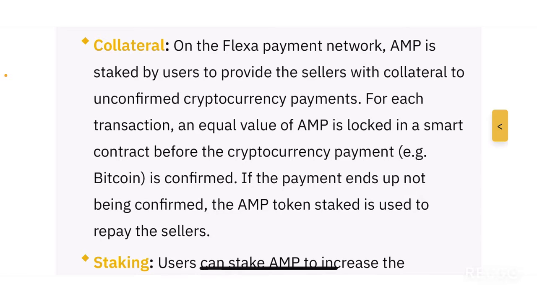For each transaction, an equal value of AMP is locked in a smart contract before the cryptocurrency payment, for example Bitcoin, is confirmed. If the payment ends up not being confirmed, the AMP token staked is used to repay the sellers. So again, there's a very intricate mechanism by which AMP acts as collateral.